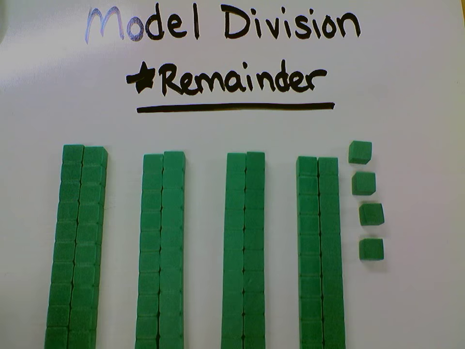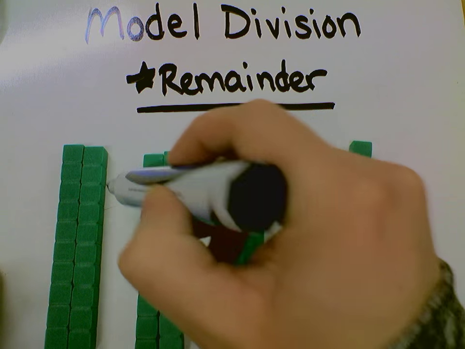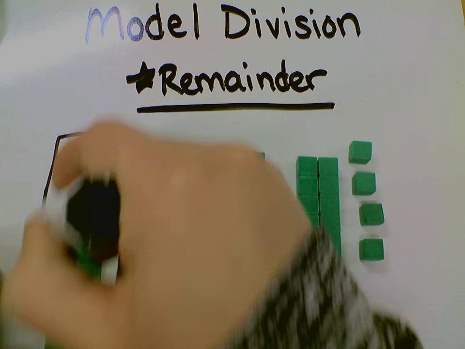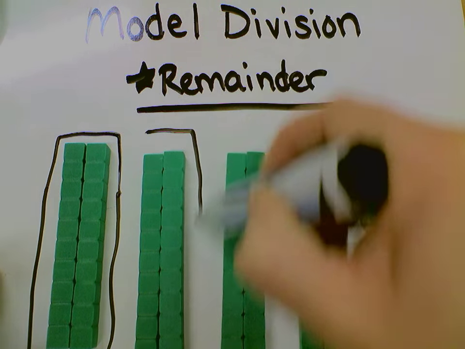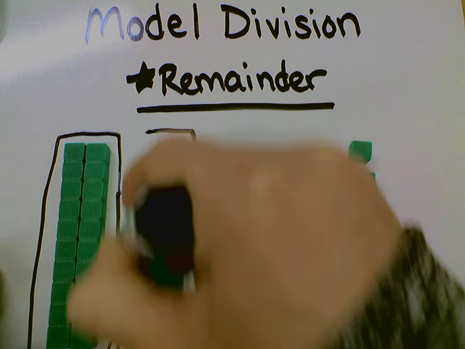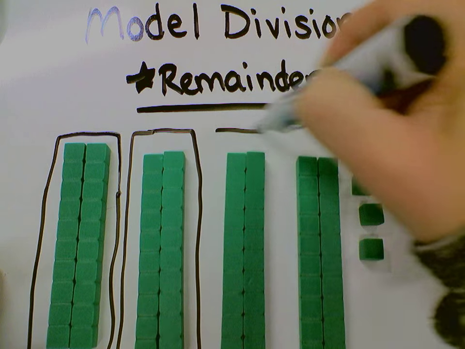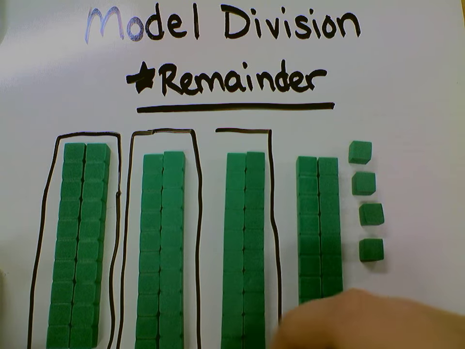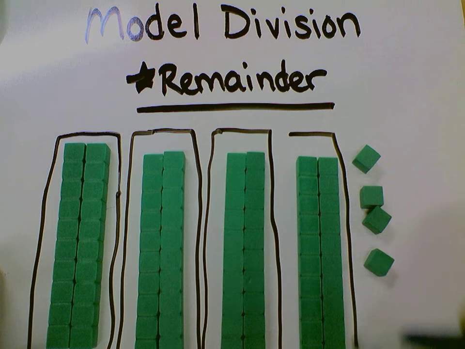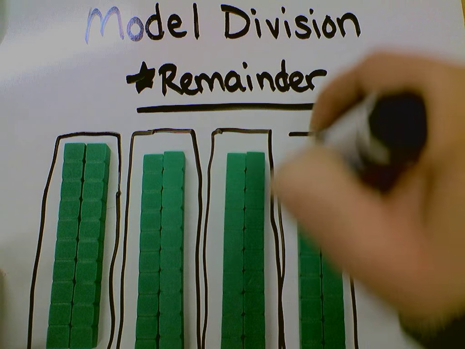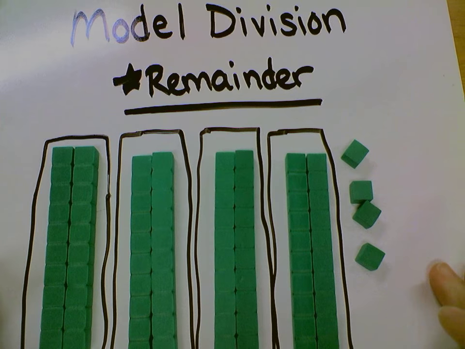Okay, so in your notebook, you're going to want to draw 2 of those tens into one group each, since we're dividing our 8 tens into 4 equal groups. Okay?